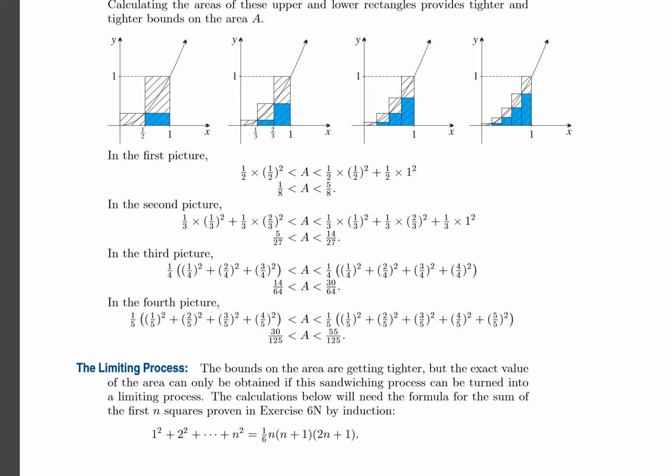But better than that would be here in this second picture, where they've divided the region from 0 to 1 into 3 rectangles. If we work out the areas of those 3 rectangles, we've still got too much. Going on to 4 rectangles, too much. What the blue is actually showing would be an underestimation for the area.